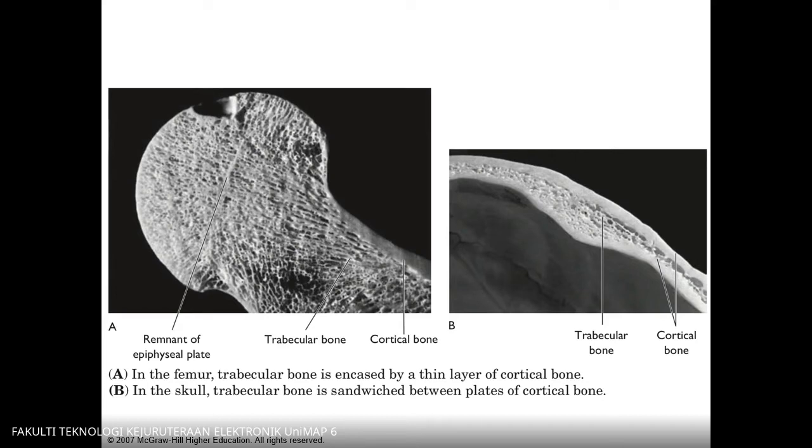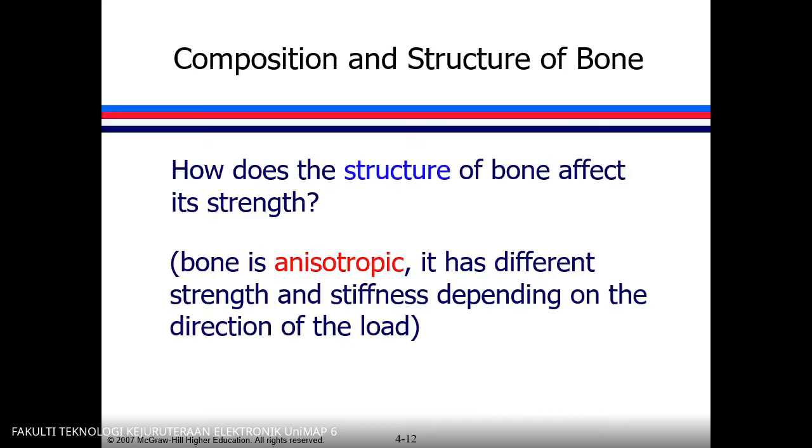But for cortical bone, we have a solid part of that area. Bone is anisotropic. The word that I highlighted in red, Google it. What is anisotropic? So bone is considered anisotropic. Google it. Cari lepas lecture, sambil balut ketupat lah.